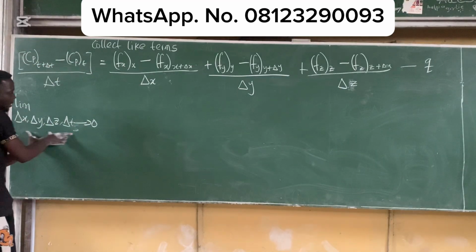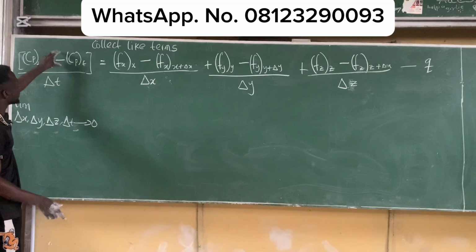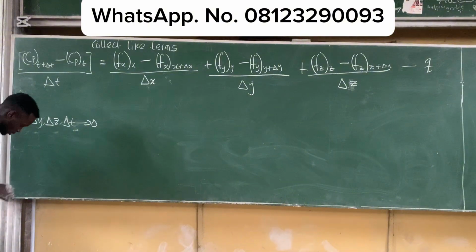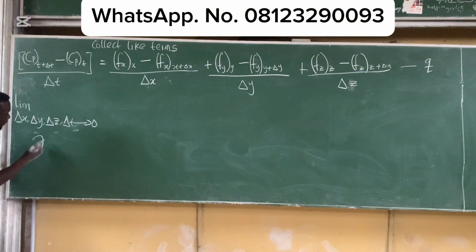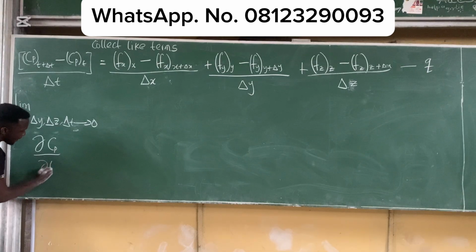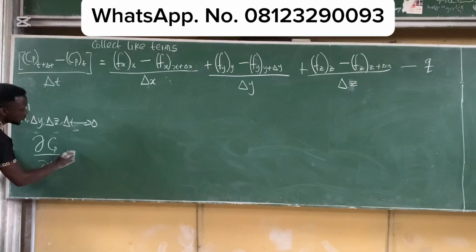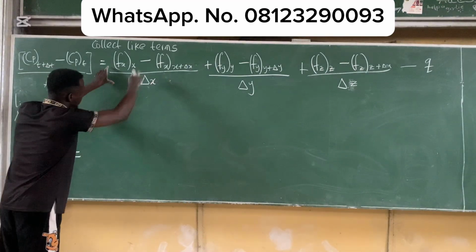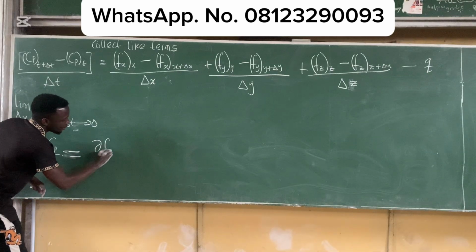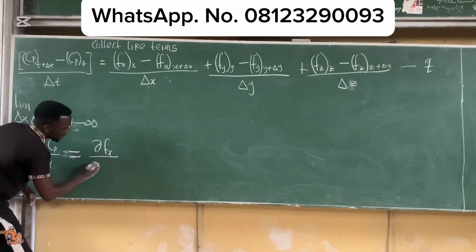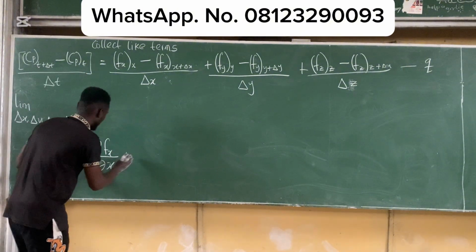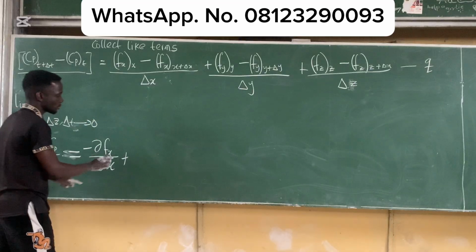If we limit these parameters to 0 in this particular equation, this becomes partial Cp divided by partial t, which will be equal to, limit delta x to 0 here, everything here becomes partial f of x divided by partial x, then plus, okay, remember here is minus.